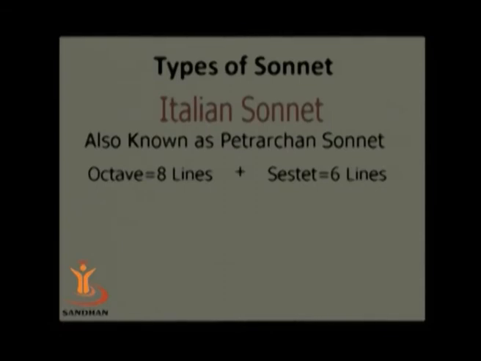A sestet would mean 6 lines. So an Italian sonnet or a Petrarchan sonnet is a combination of an octave, that is 8 lines, plus a sestet, that is 6 lines, and when we combine the two, it becomes 14 lines. And as we have seen earlier, these 14 lines should be written in iambic pentameter.